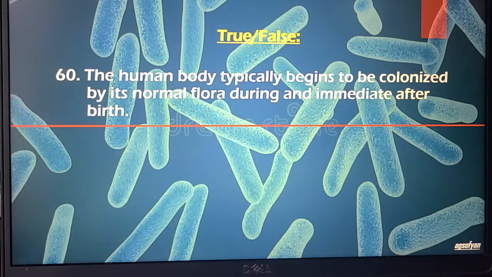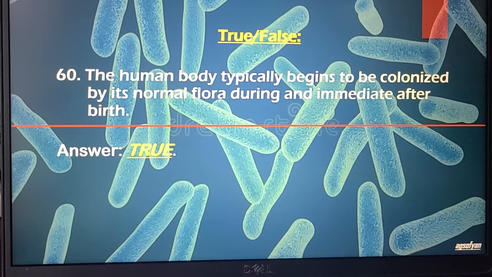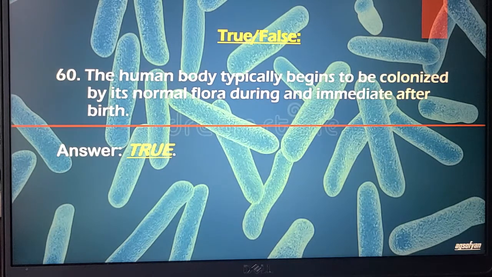Number 60, true or false. The human body typically begins to be colonized by its normal flora during and immediately after birth. True or false? Yes, it is true. During fetus life or embryo life in the mother's womb, it is usually sterile, so they do not have bacteria or flora in that area.